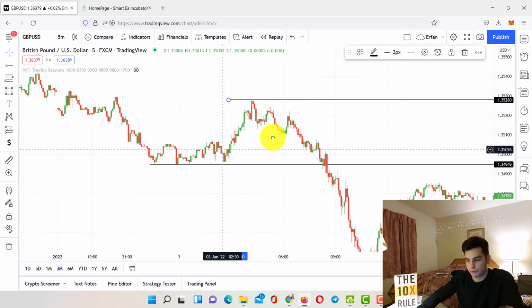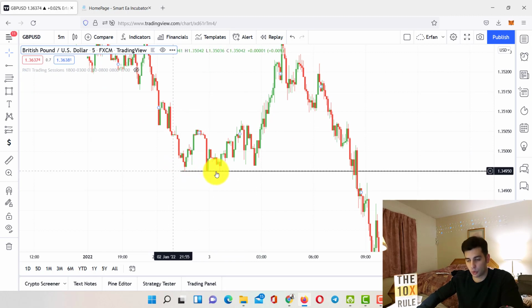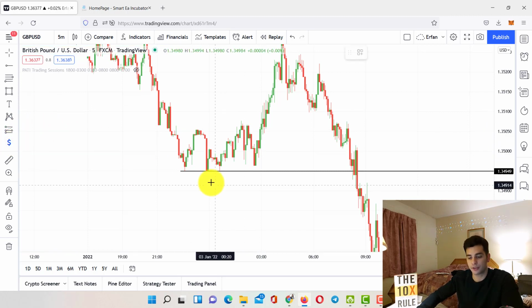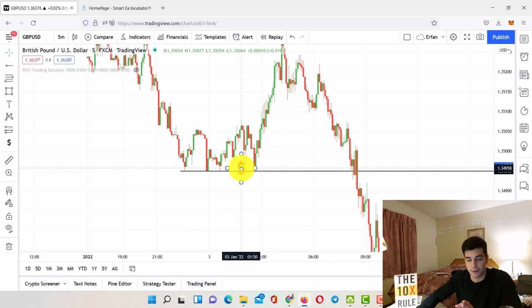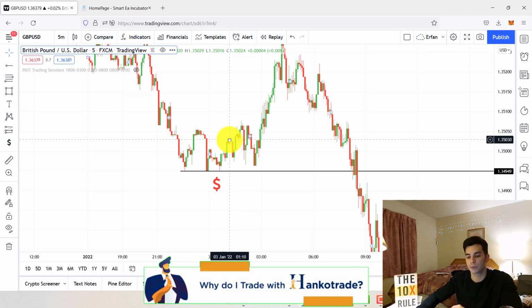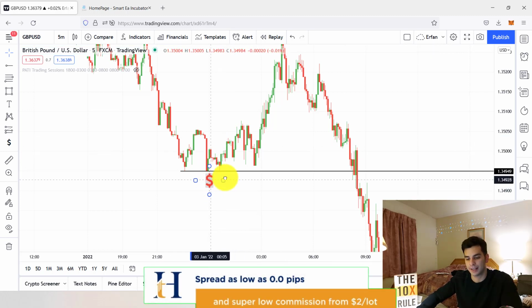Whenever the price taps into this support line, buyers are going to take a buy position here, and they put their stop loss exactly below this line. So we have so much liquidity below this support line, because big banks and institutions know that retail traders are going to take a buy position here and put their stop loss exactly right here.